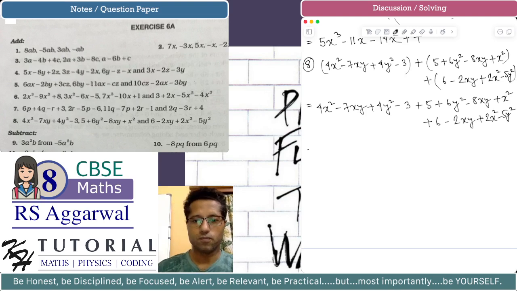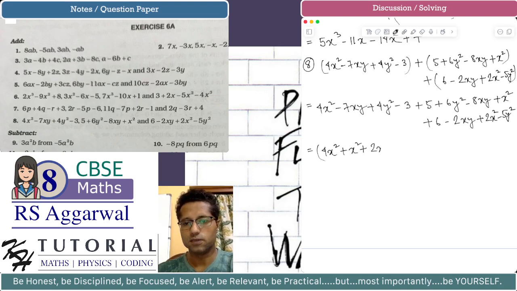Now we have to group all the like terms. Let's group the x square terms, that is all the like terms having the literal coefficient x square. We have 4x square, plus x square, and plus 2x square.